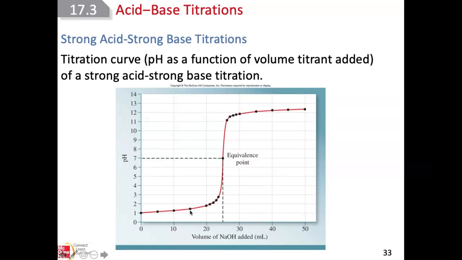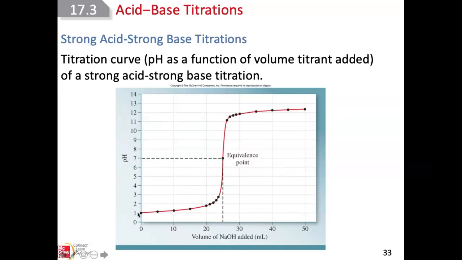At some point, when we added 25 ml of NaOH, we can see the pH drastically rising from about 2 to around 12.